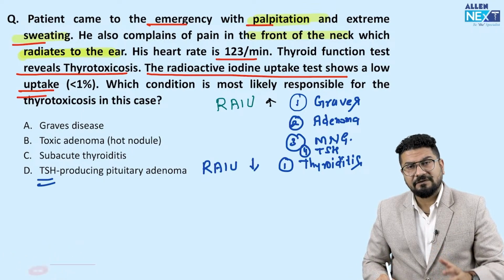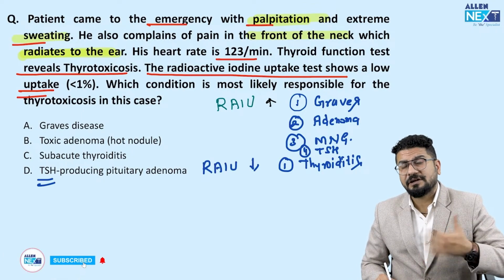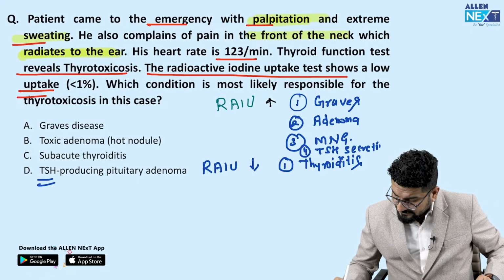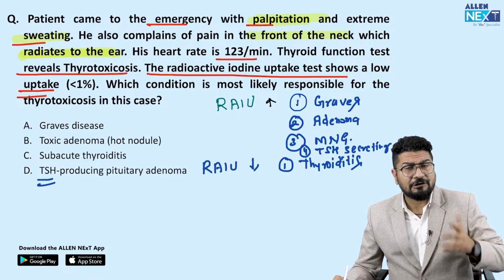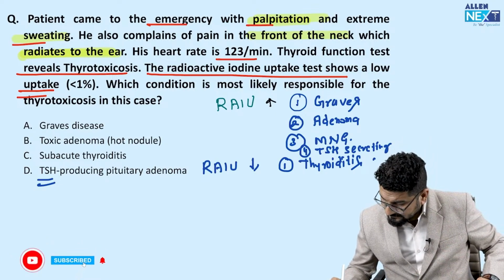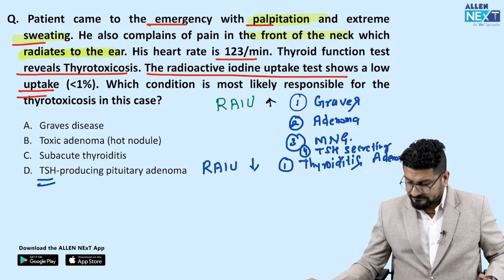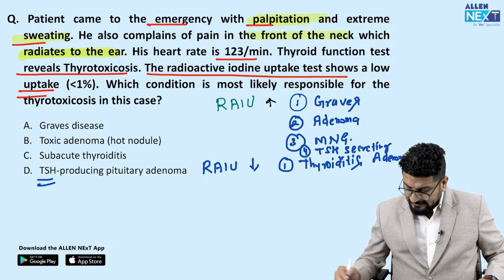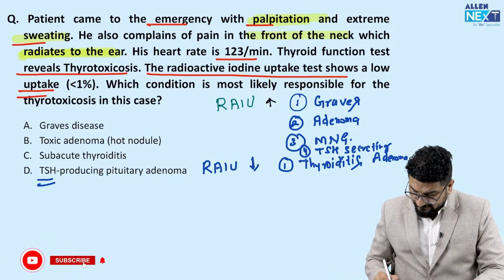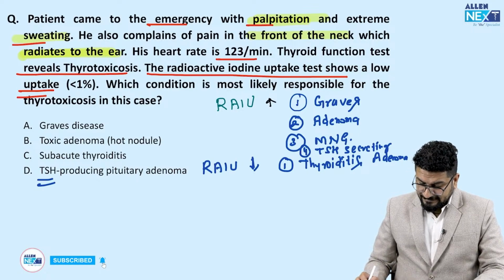More TSH will stimulate the thyroid, so there will be more T3, T4. So again radioactive iodine uptake will be more. The thyroid gland will be stimulated more, causing an increase in uptake, almost like Graves' disease. So the only condition in the list where you can see radioactive iodine uptake decreased is thyroiditis.